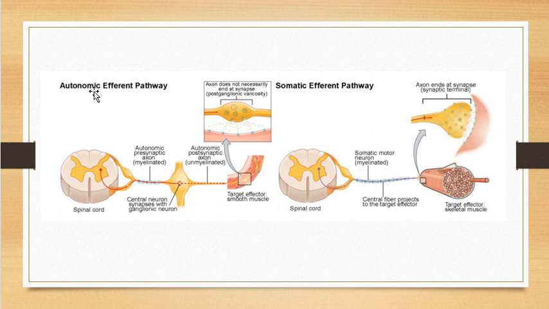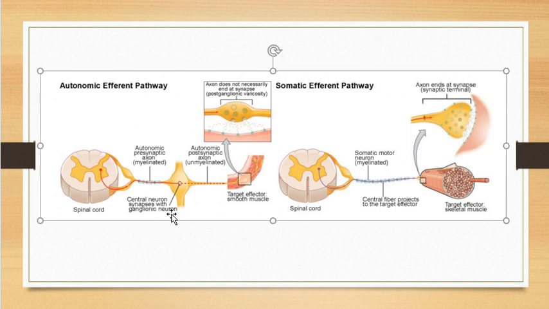Secondly, the autonomic efferent pathway. Here the neuron coming out of the gray matter, the central neuron, synapses with the ganglionic neuron, with the ganglia present outside somewhere in the periphery.